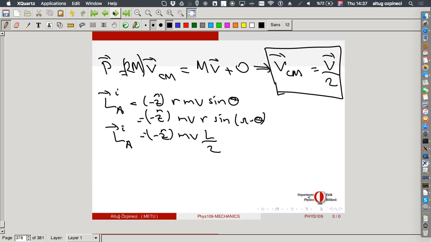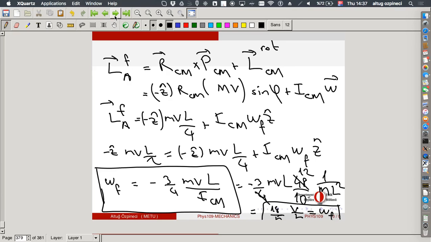The calculation of the final angular momentum was kind of complicated, but we first had to separate it into two parts: the angular momentum due to the translational motion of the center of mass, plus the angular momentum due to the rotations around the center of mass. And we had to calculate each one of them separately.